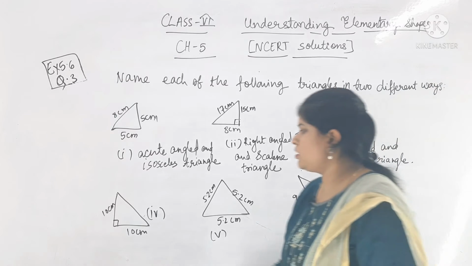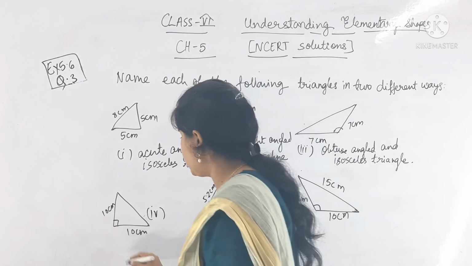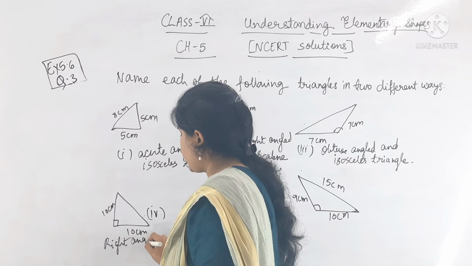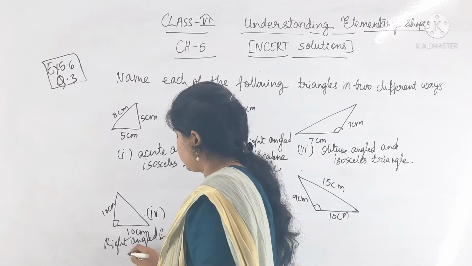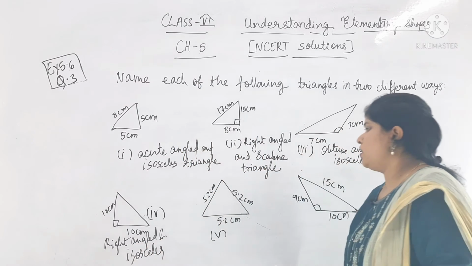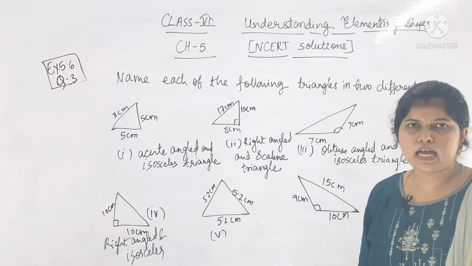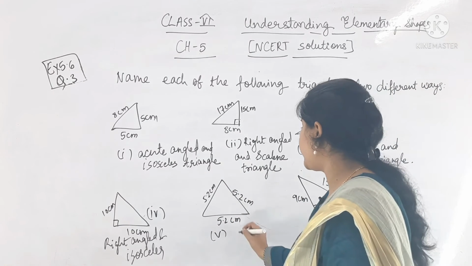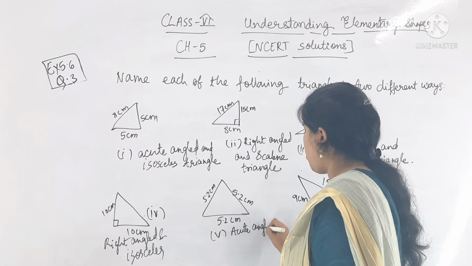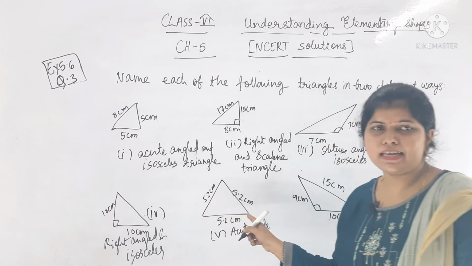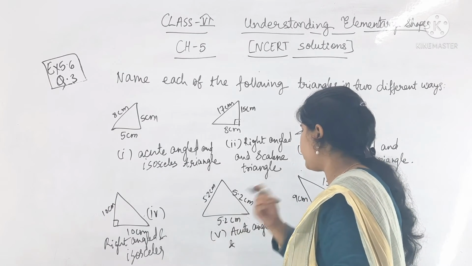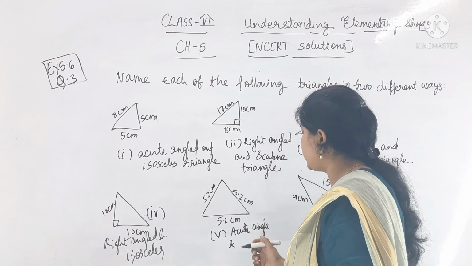Here 90 degree means right angle and two sides are equal, so this is isosceles triangle. Here you can see all sides are equal, so this is equilateral and acute angle. All the angles are less than 90 degree, you can measure it, and by mere observation you can see all are less than 90 degree.